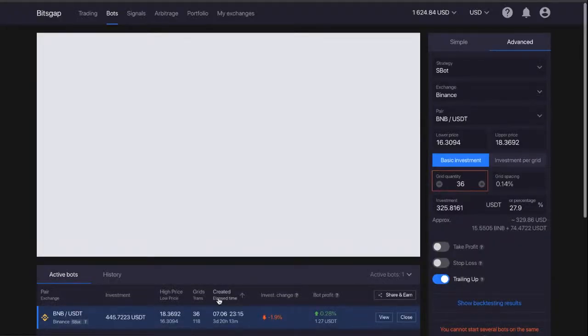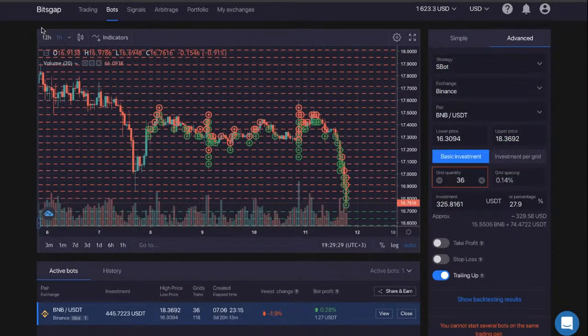And now give me the chart, please. Thanks a lot. So here you can see my BNB trading to USDT, the example that I used in the presentation. And remember, the investment change is now minus 1.9%.